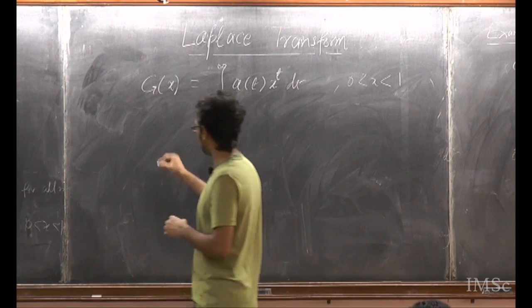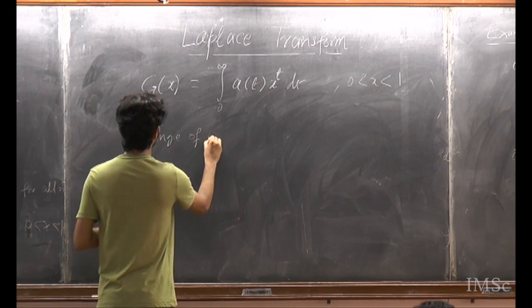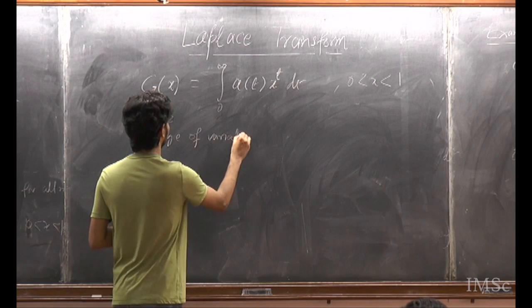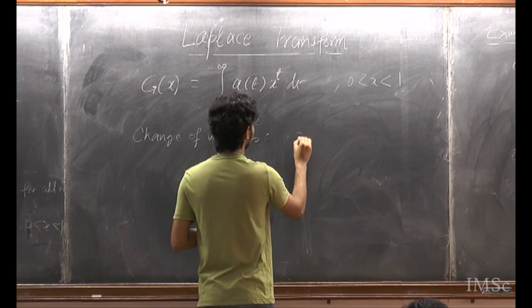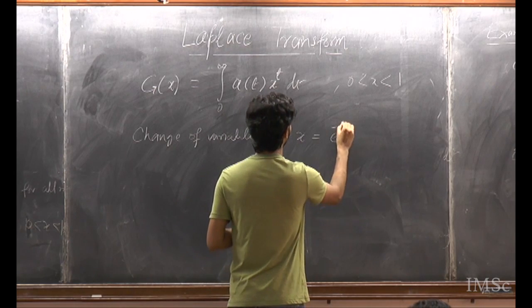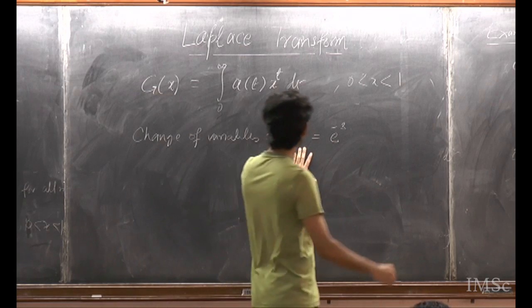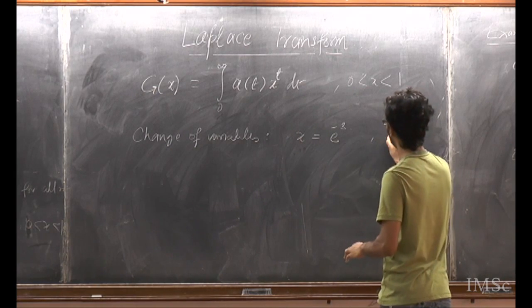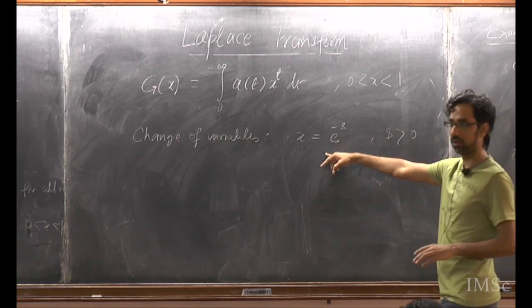Now you make a change of variables. Write x to be e to the minus s. Because x is between 0 and 1, you can take any positive s and x will be between 0 and 1.